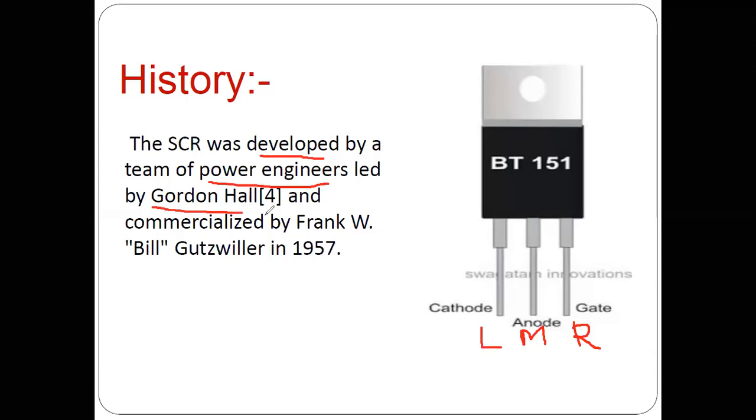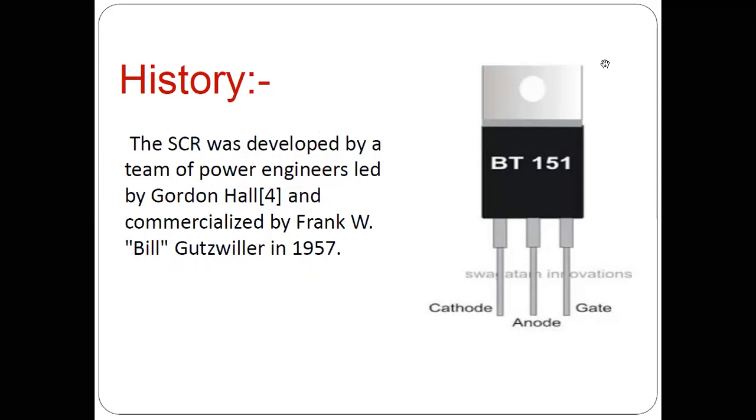The meaning of commercialized is nothing but, after the development of this particular IC, it was brought into the market by Frank W. Bill Gutzwiller in the year 1957. So this is somewhat the basics which we need to know regarding the development and history of SCR.